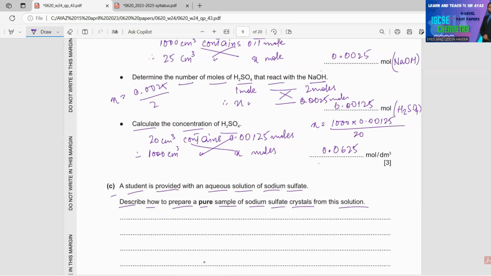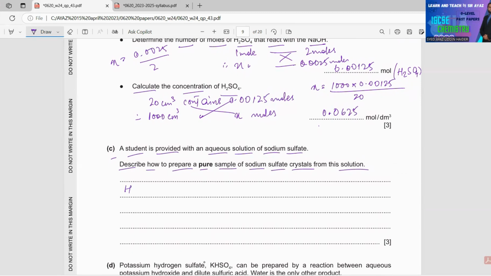I will write heat the solution to saturation point. Next step will be crystallization. So I will write crystallize or cool down.